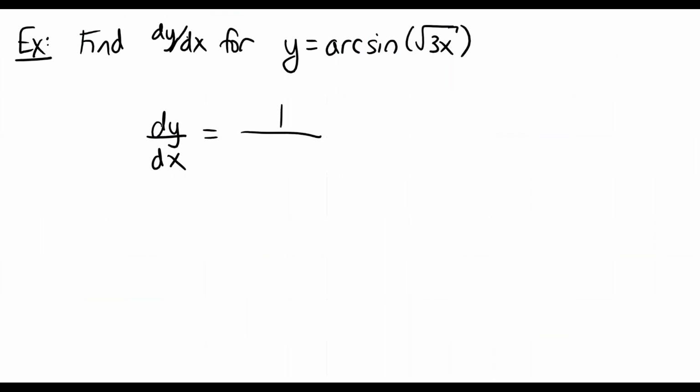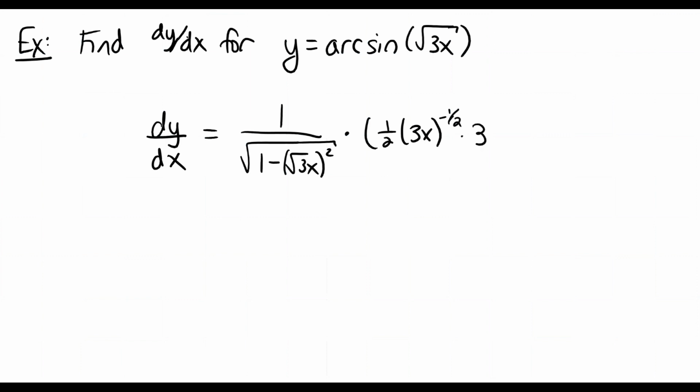The derivative will be 1 over the square root of 1 minus square root of 3x quantity squared times the derivative of square root of 3x, which is 1/2 times the quantity 3x raised to the minus 1/2 times 3. Notice that I multiply by 3 because I'm taking the derivative of 3x. This is a commonly missed step when taking this derivative, so always make sure to double check your work.